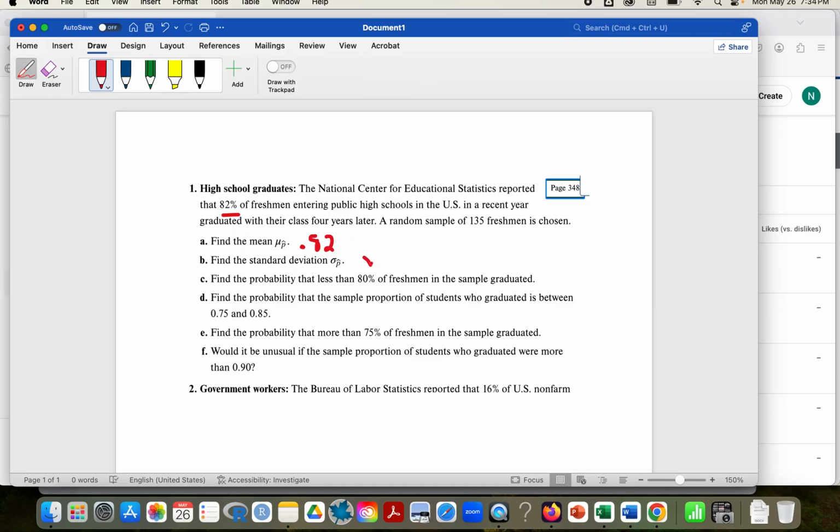What we're going to do is take the 0.82, and then multiply by 1 minus 0.82, so I have 0.82 times 0.18. And then we are dividing by 135, and this is all underneath the square root. Now I will point something out. Before we do this, we should be checking to see if both n times p and n times q are greater than or equal to 10.